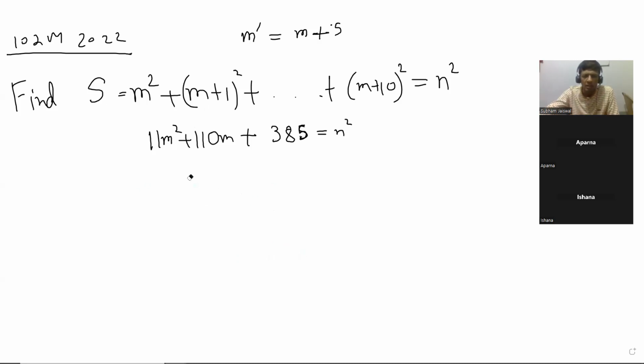Actually, 385 is also a multiple of 11, so you can take 11 common. That's probably a simplification. You have to notice all that. Yeah, but then you have some problems here, but fine. n1 square.